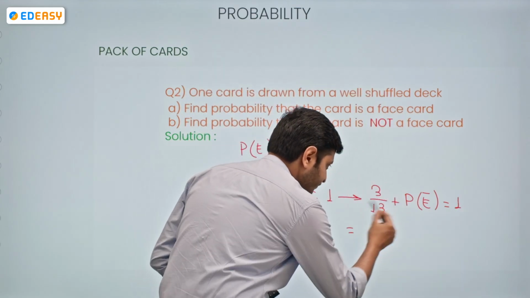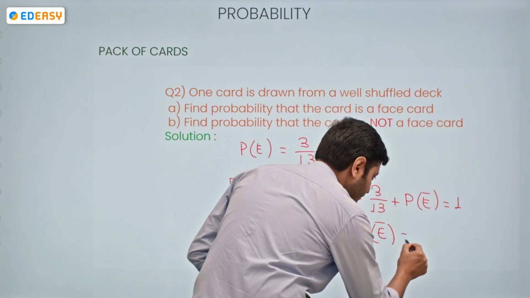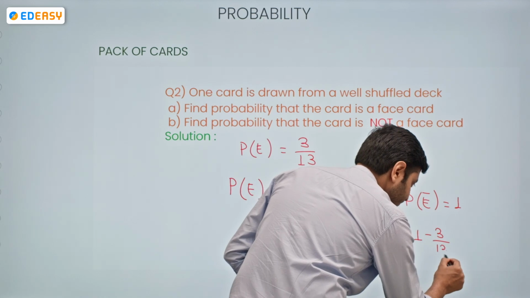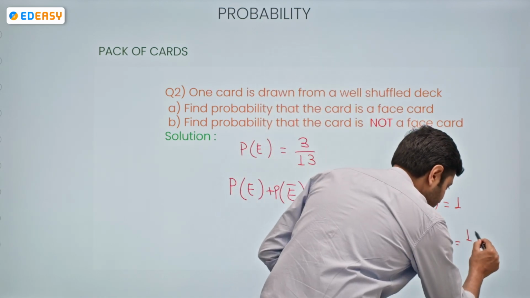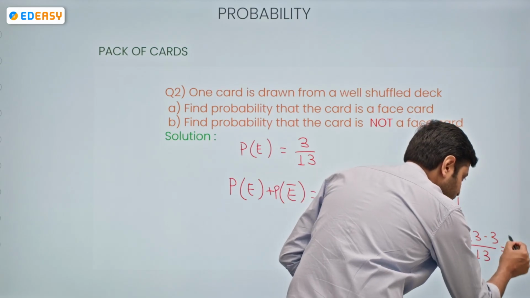So, after transposing this value, we find P of E bar to be 1 minus 3 by 13. This will be equal to, after taking LCM, 13 minus 3 by 13. That is basically equal to 10 by 13.